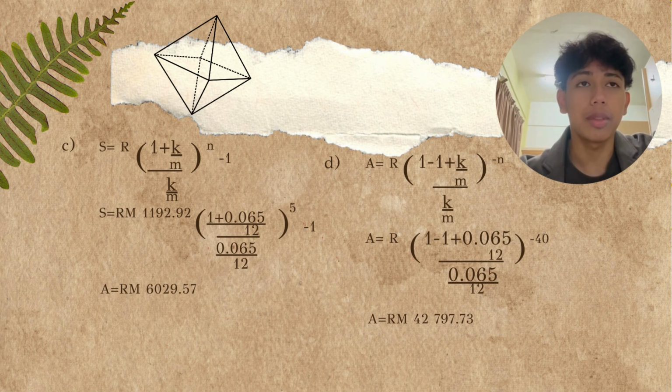N equals 12 times 20 minus 200, and N will be 40.